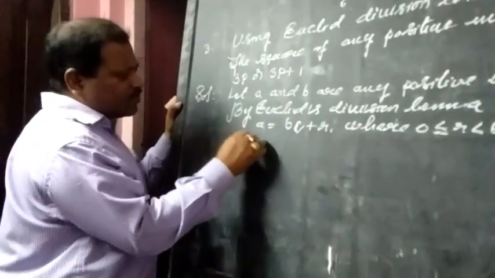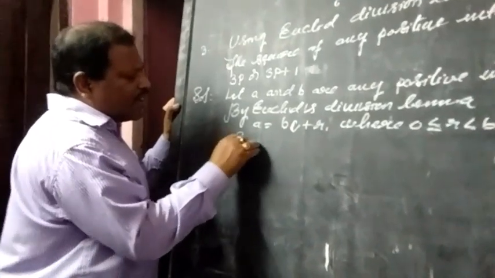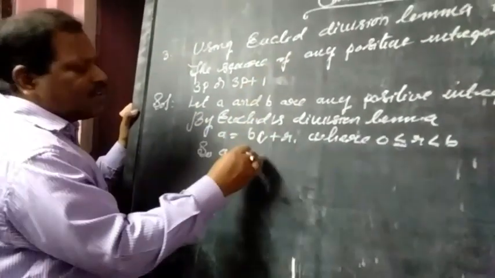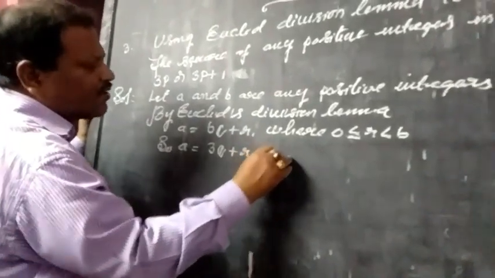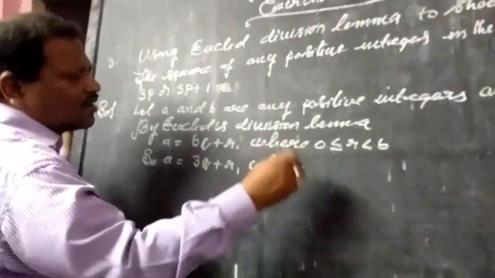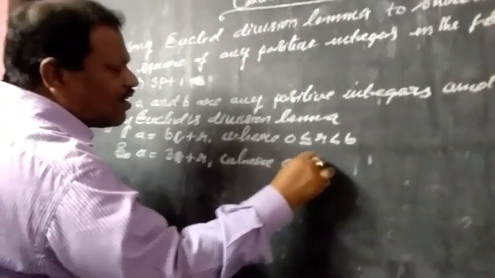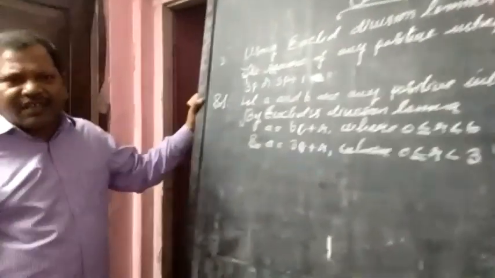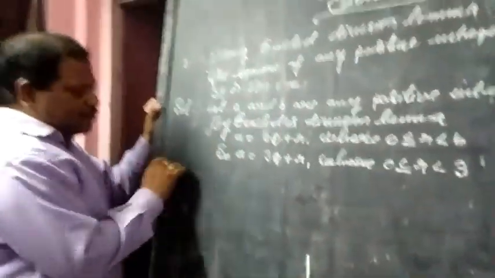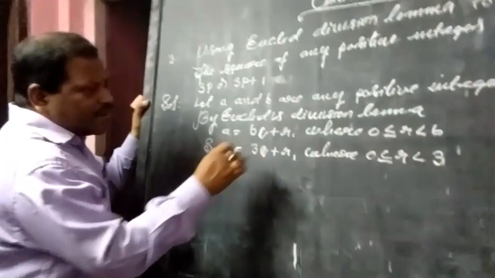So A is equal to 3Q plus R, where 0 is less than or equal to R, less than 3. B value you have to take as 3.